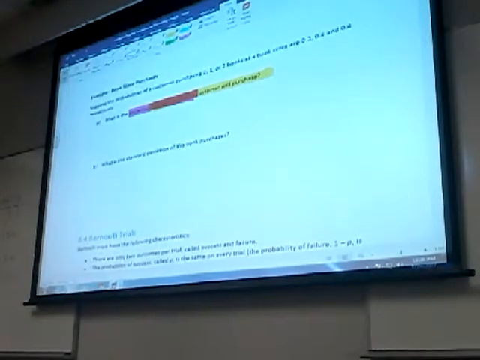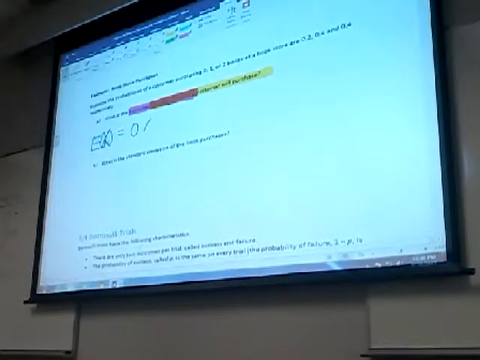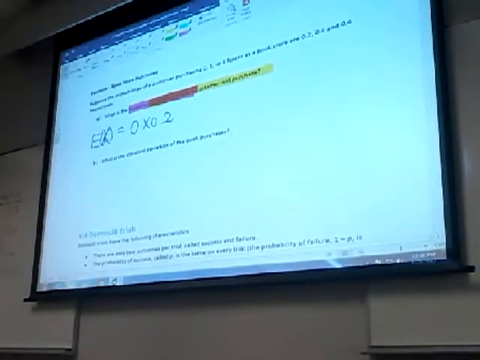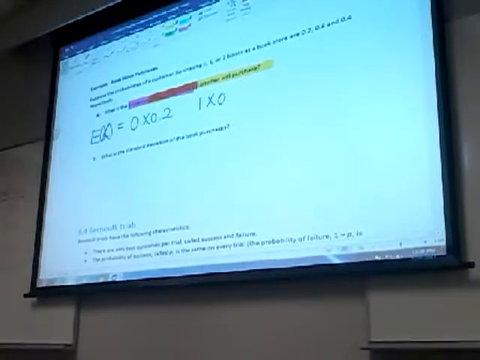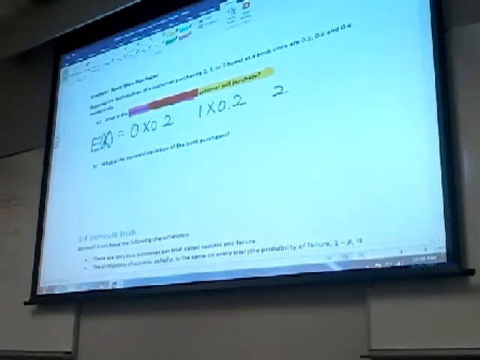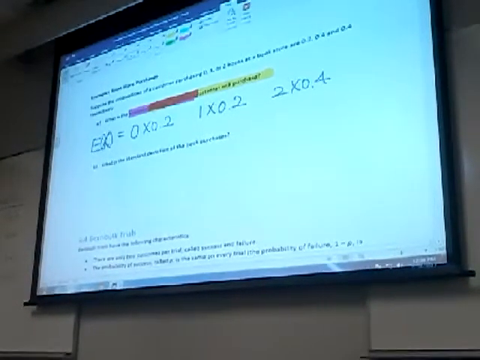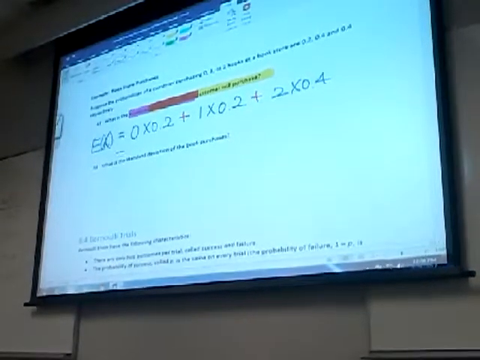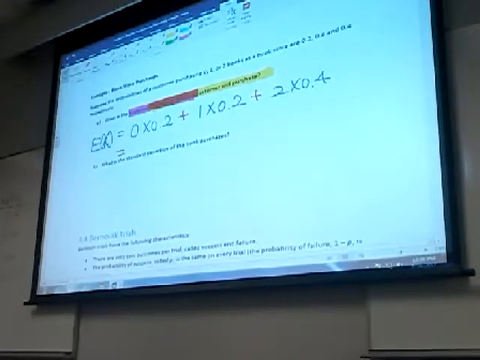So the expectation will be the value times the probability, the value times the probability, and the value times the probability. And then take the sum. How much will be 0 times 0.2? 0.